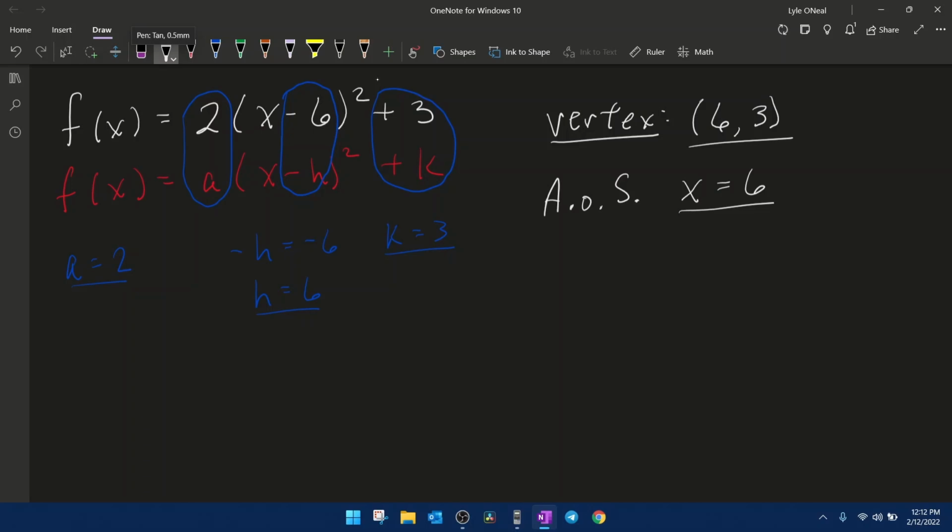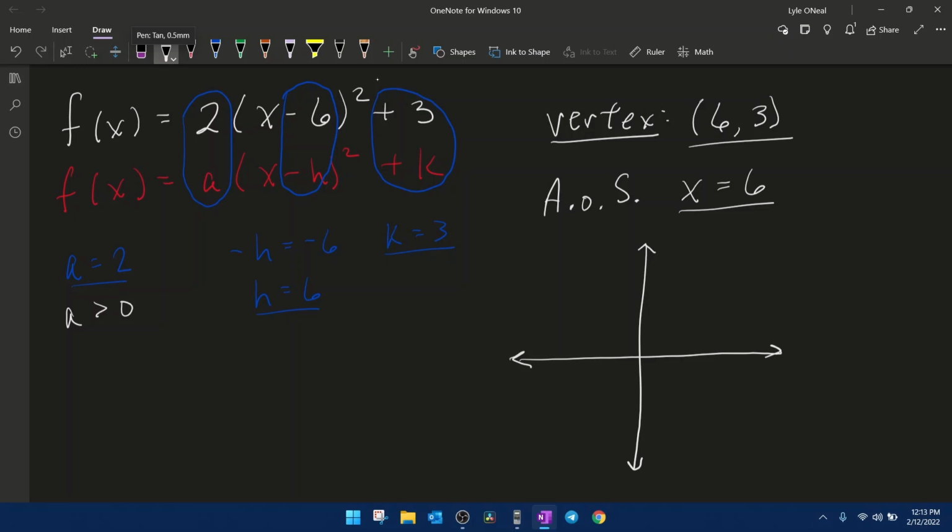And remember, the axis of symmetry has to be an equation, so you have to have the x equals part. Now, before we sketch the graph, the first thing we need to identify is whether this parabola is going to open up or down. And we can see that a is greater than 0. That means that this parabola will open up.